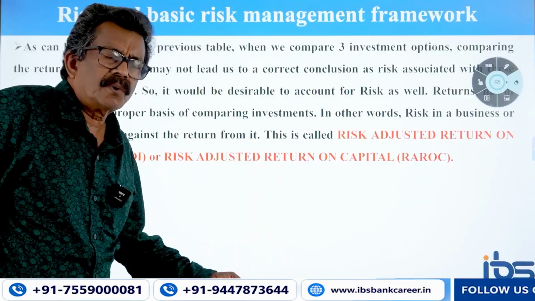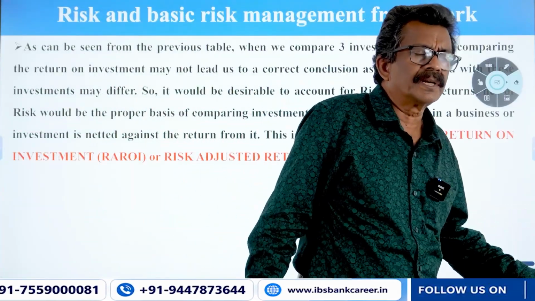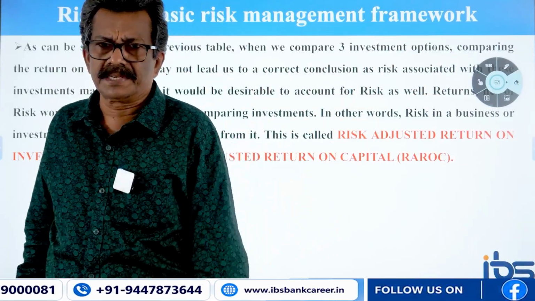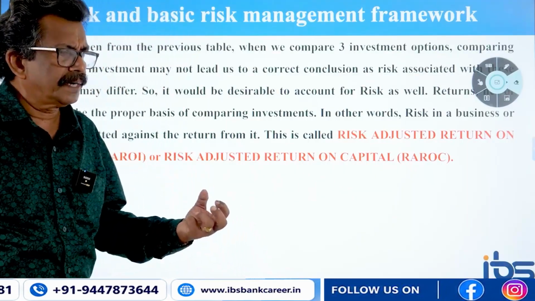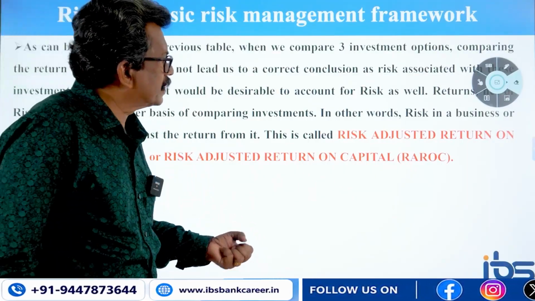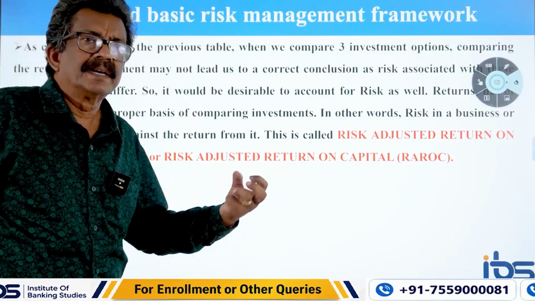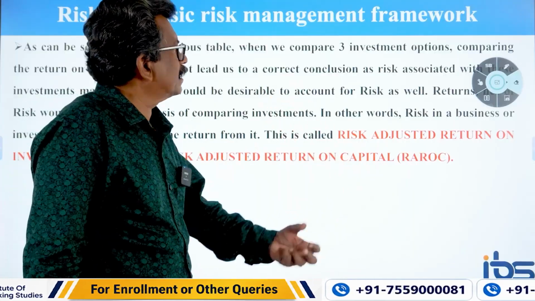So investment 1 risk may be 10%, investment 2 risk may be 20%, investment 3 risk may be 30%. Depending upon the quantum of risk, you have to arrive at the risk component and deduct it from the profit. Then only you will get the exact picture.